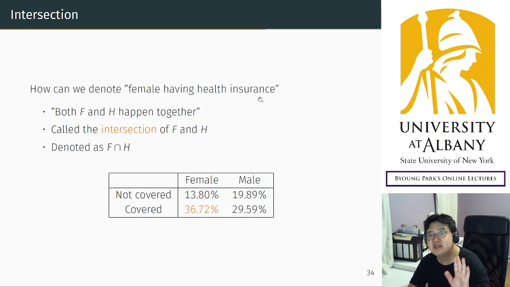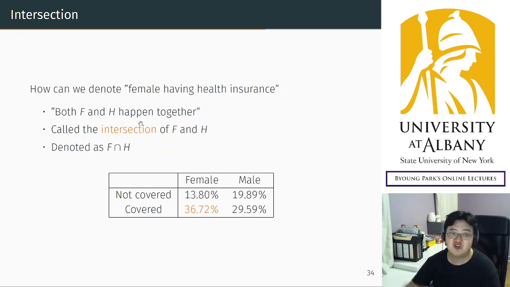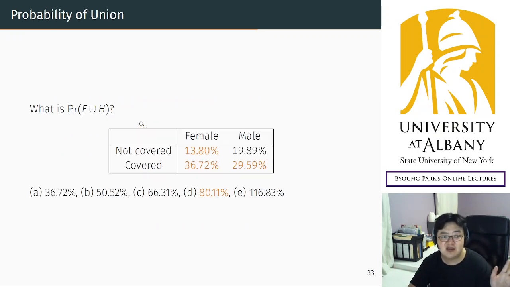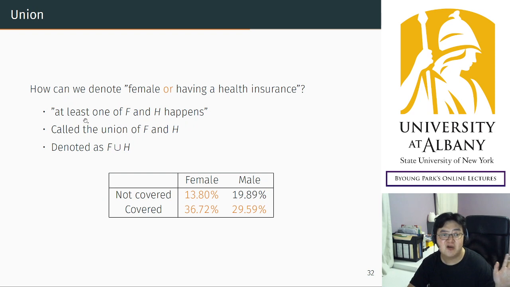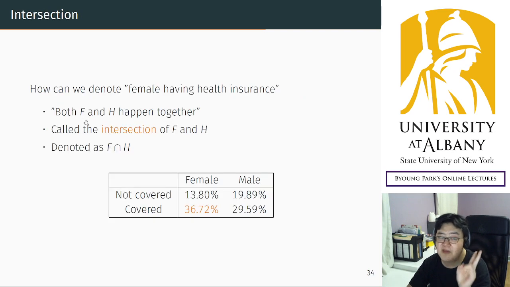It has to satisfy two conditions at the same time: has to be female and has to have health insurance. Statistically speaking, it means both F and H happen together, right? Previously, you just required at least one to happen, but now you are requiring both of them to happen.